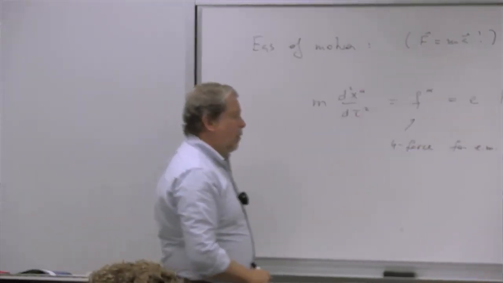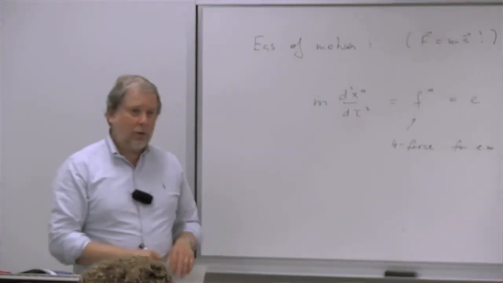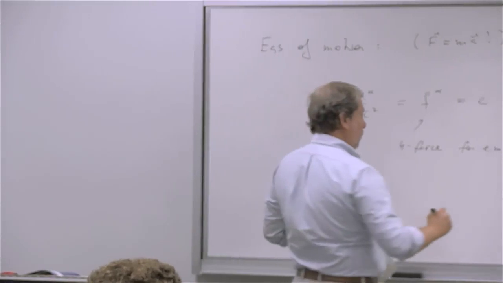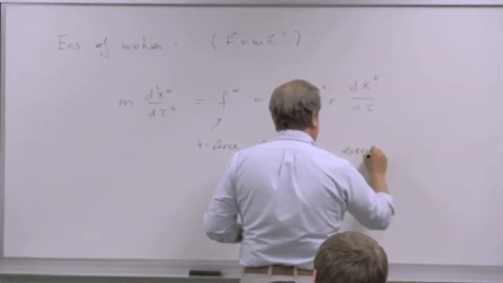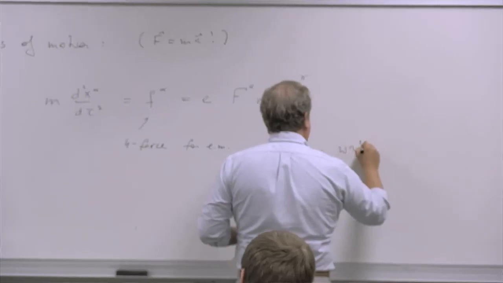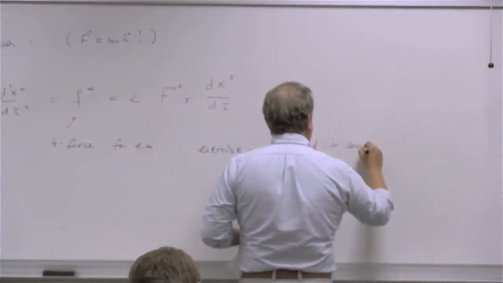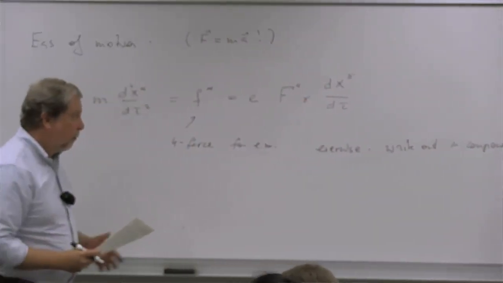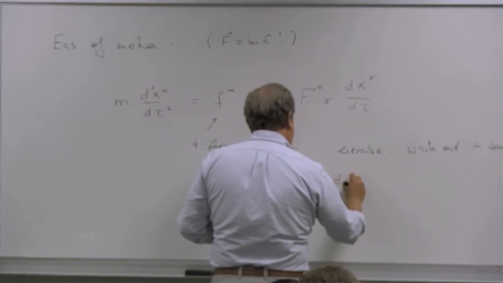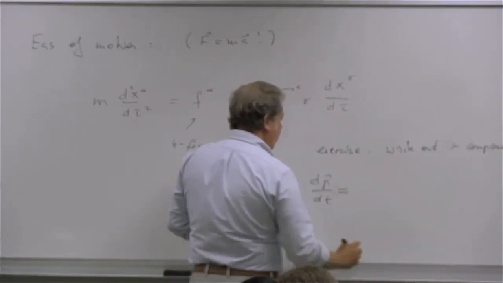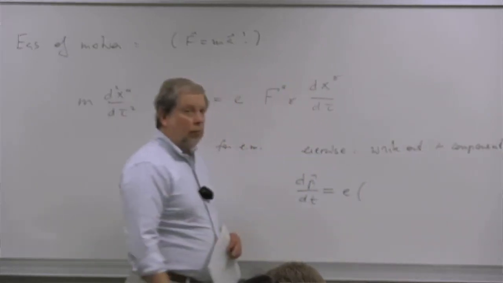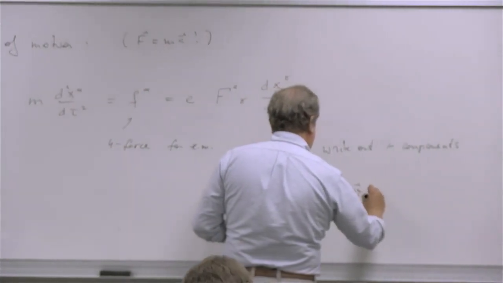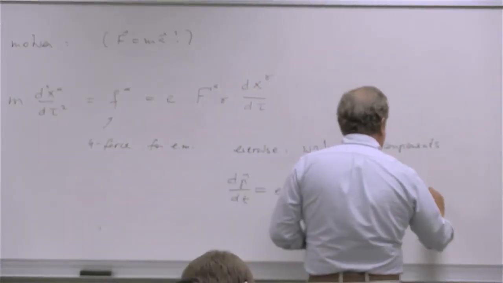And so now again, I will leave as an exercise to show that if you write these equations out in components, then you will get dp by dt is equal to E, the electric field, plus V cross B, which is the Lorentz equation.